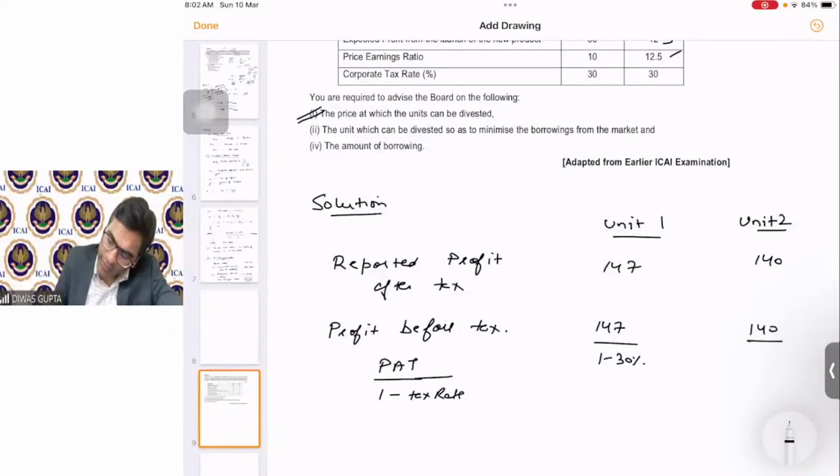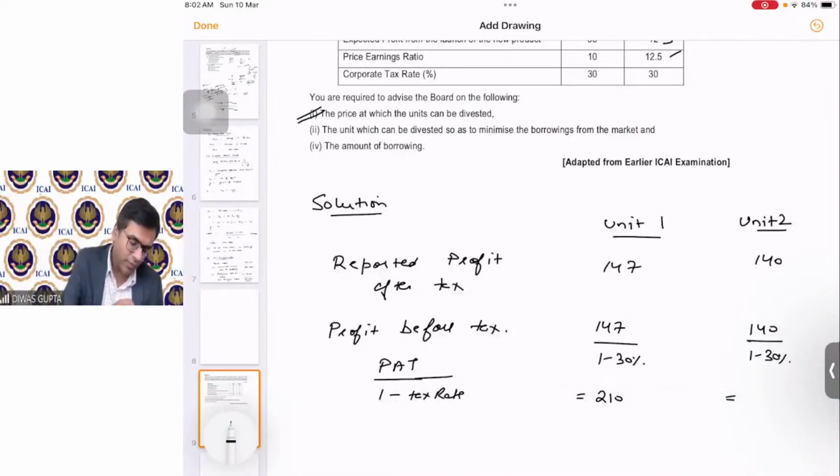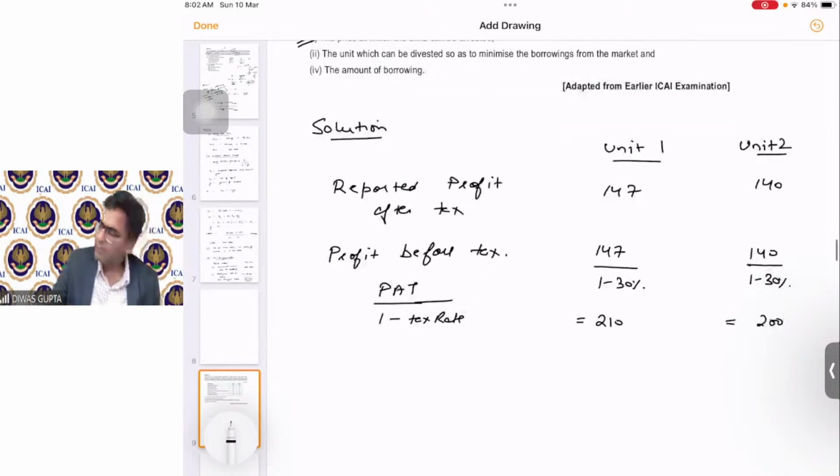Similarly, 140 divided by 1 minus 30%. 147 divided by 0.7 becomes 210. And 140 divided by 0.7 is 200. We are putting rupees crores here because the numbers are in rupees crores.